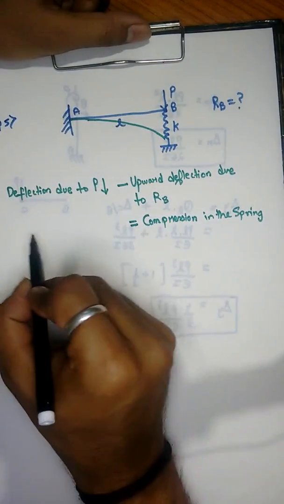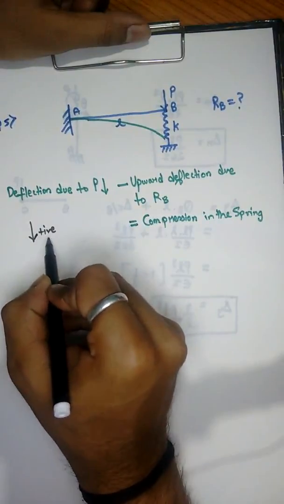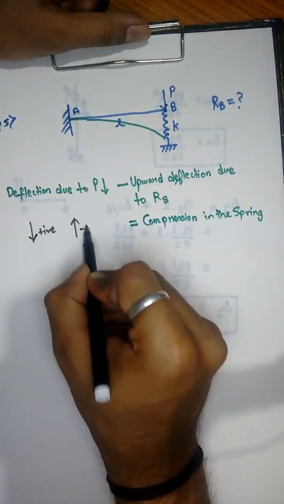Let us say our sign convention is that downward direction is positive and upward direction is negative.